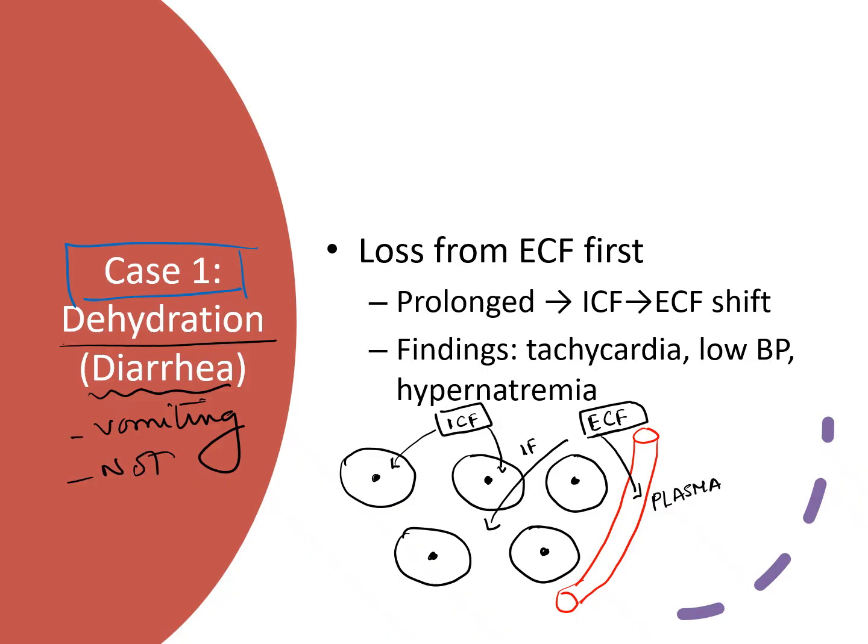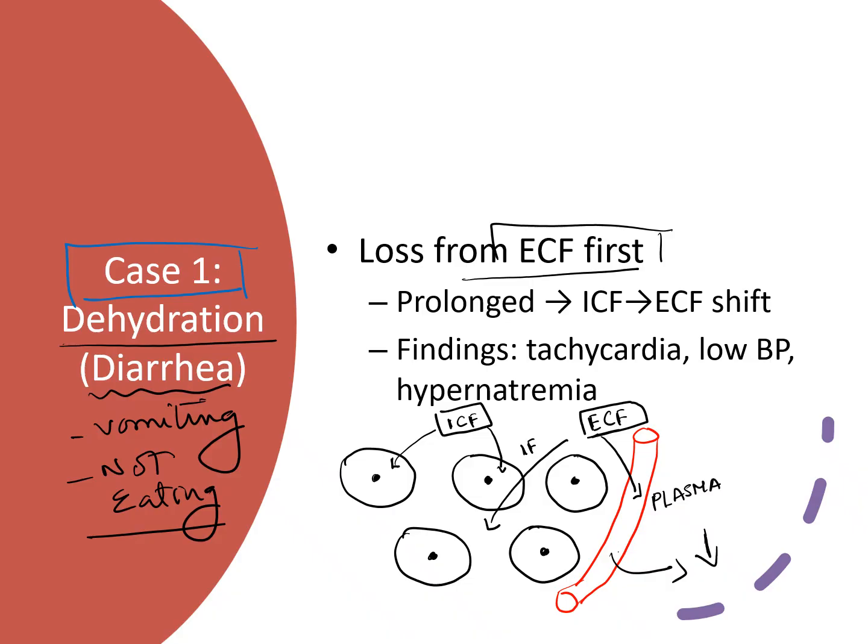How will it affect the fluid in the body? The first compartment affected will be the extracellular fluid. If the patient develops diarrhea, there will be loss of fluid from the vasculature, so the plasma will go down.